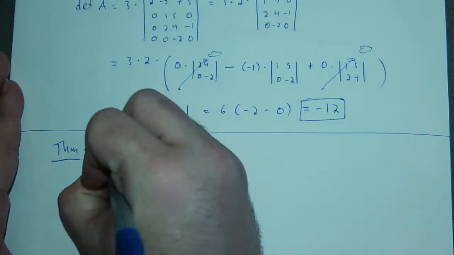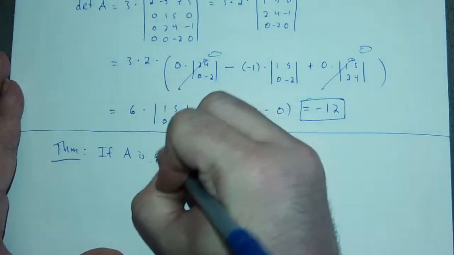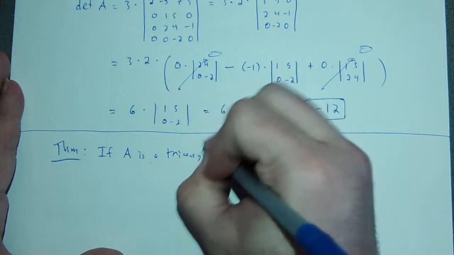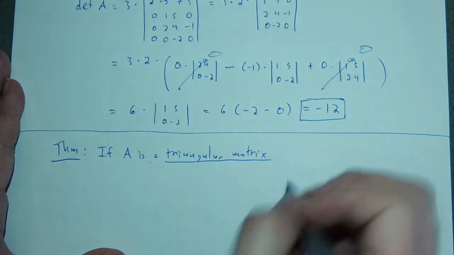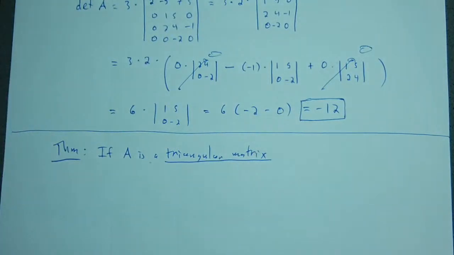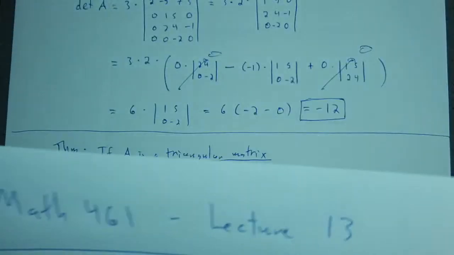So if A is a triangular matrix, recall that triangular matrix means that its only non-zero entries are on the diagonal or above or below it, and all the other entries are 0. So if it's upper triangular, let's take a look.